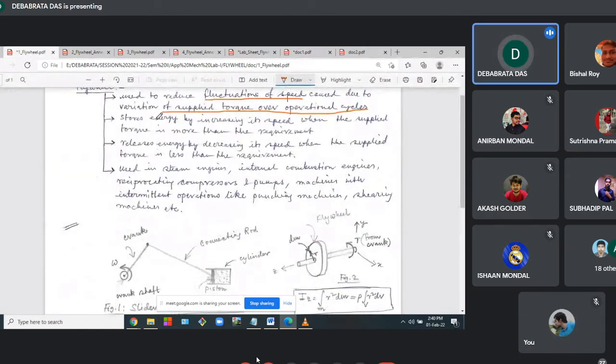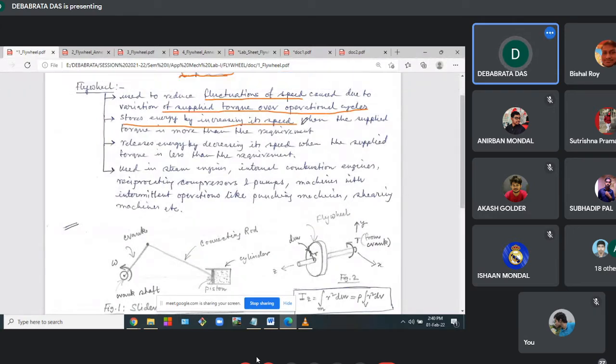Now, you can see I have written here, it stores energy by increasing its speed when the supplied torque is more than the requirement. What I explained just now. It releases energy, by decreasing its speed, when the supplied torque is less than the requirement. Clear?